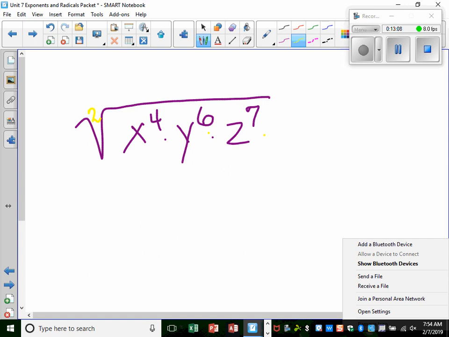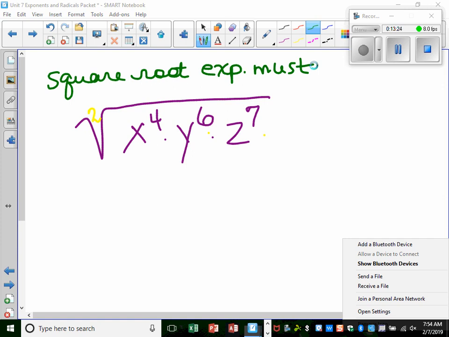No. All right, so you might want to put, okay, for square roots, exponent must be divisible by 2. Okay, that's for square roots.